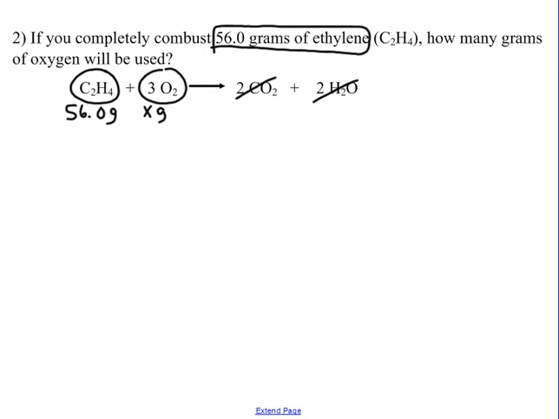So to start this problem, remember, in stoichiometry problems you will always start with the quantity that you are given, 56.0 grams of C2H4. Now notice when I started with this quantity, I maintained the number of significant figures of 56.0, 3 sig figs. I've included the unit, in this case grams, and I've included the identity of the substance we're starting with, C2H4, ethylene.